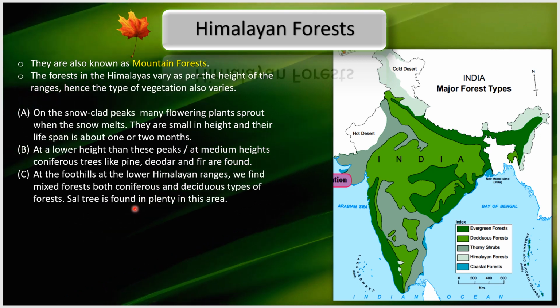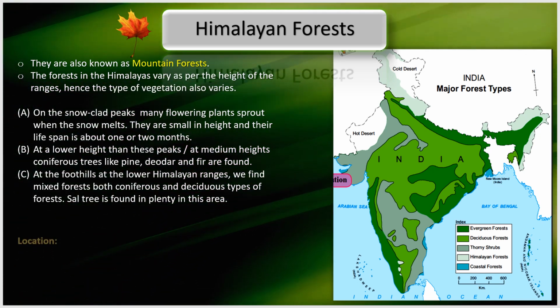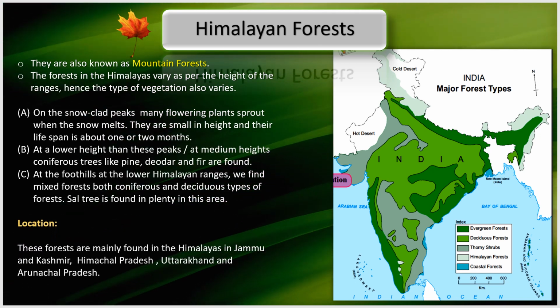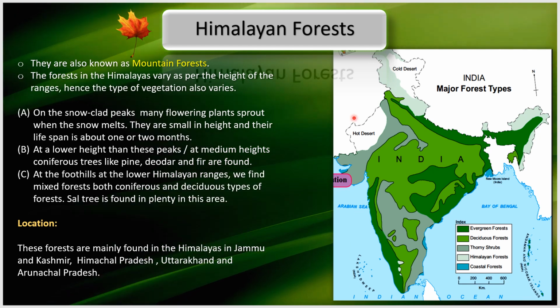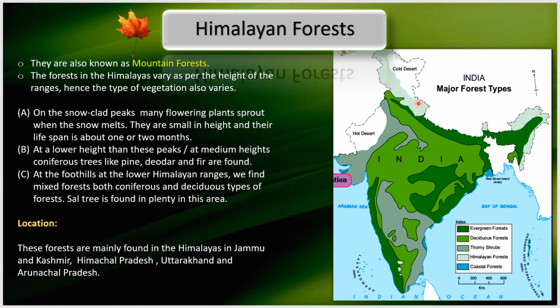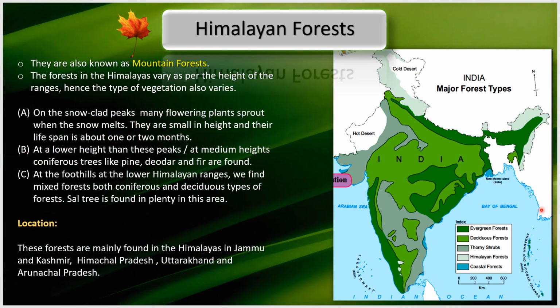Sal tree is found in plenty in this area. Now, we usually find these types of forest in the Himalayas in Jammu and Kashmir, then Himachal Pradesh, Uttarakhand and Arunachal Pradesh.